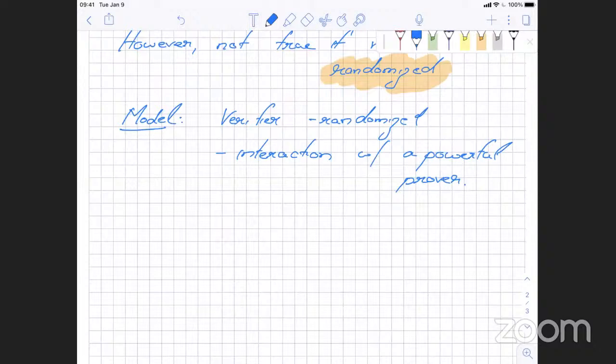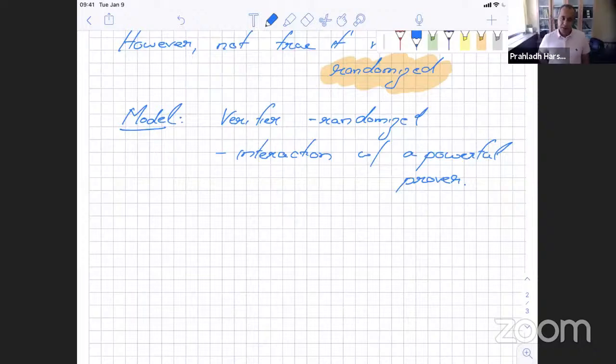Because in some sense you have tied the prover to commit to the long transcript. He cannot change his answer after looking at Q1. Yeah, I agree, it seems as if it's more powerful having the prover this way.